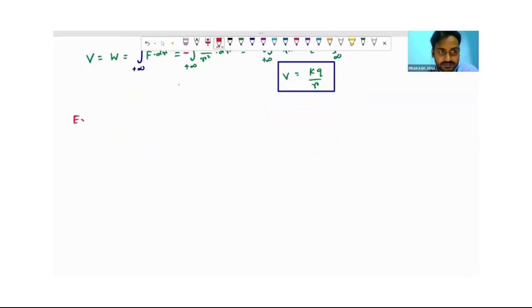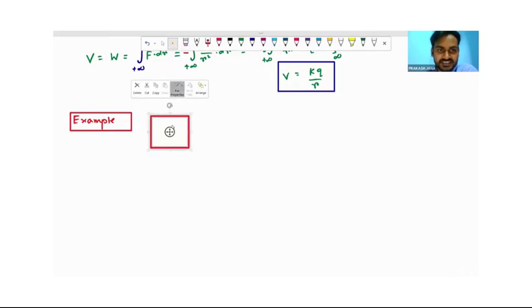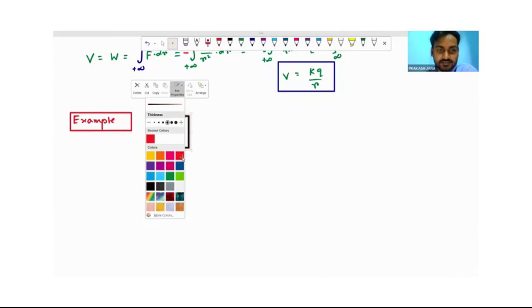Okay. So what may be the example? Suppose the example we can set, suppose here, let me change the color. What is this?